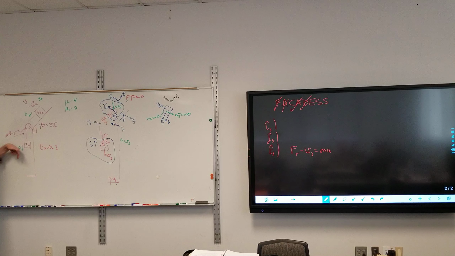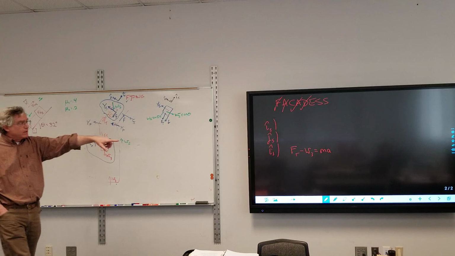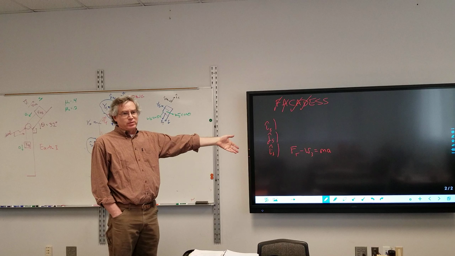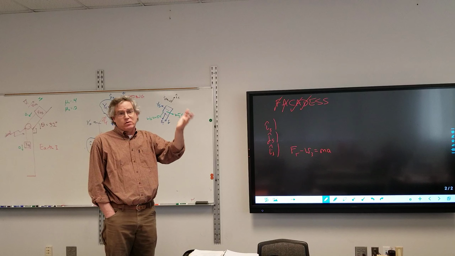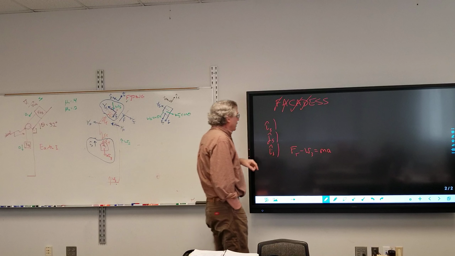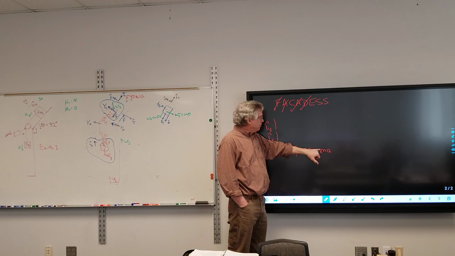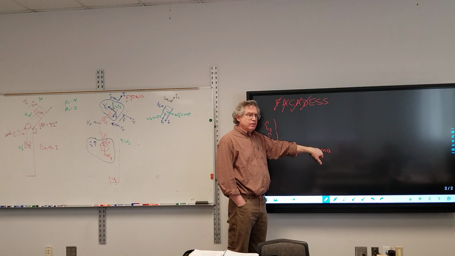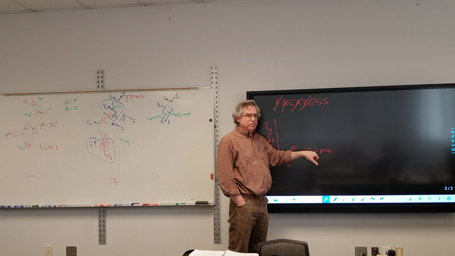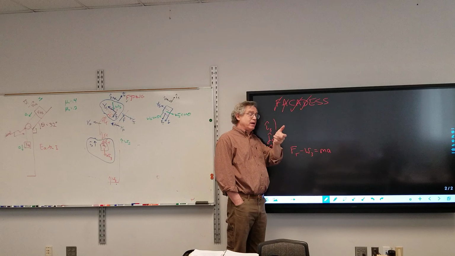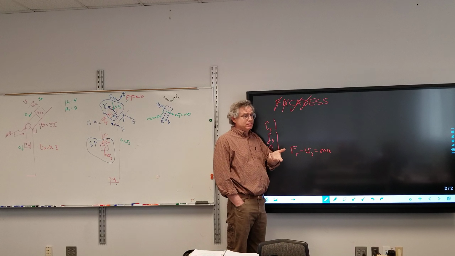We know acceleration is that way. So if we leave it like this, then acceleration will end up being a negative number. And that's fine. Acceleration can be negative, it just says, oh, it's the other way. If we put the negative in here, then I would expect A to be a positive number. So it depends upon if you want acceleration to be a negative number or a positive number.